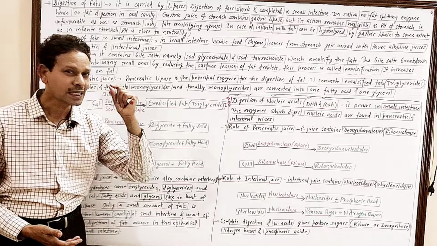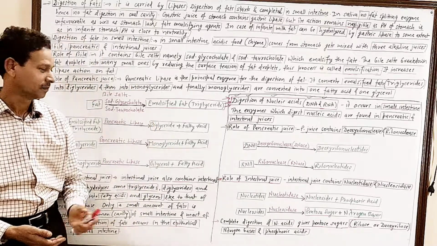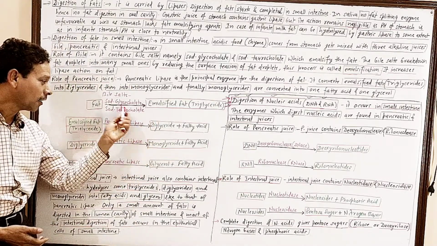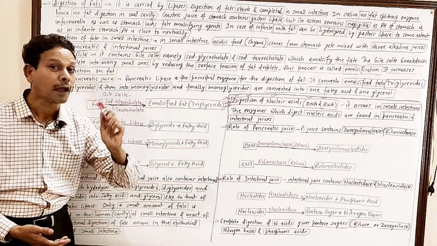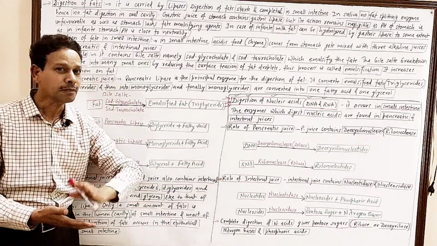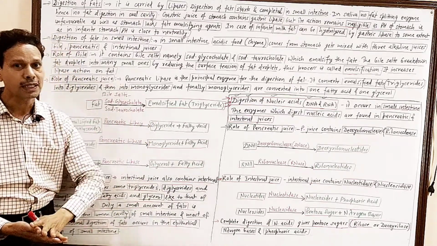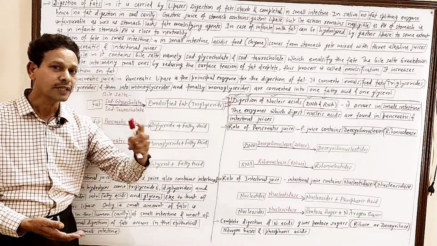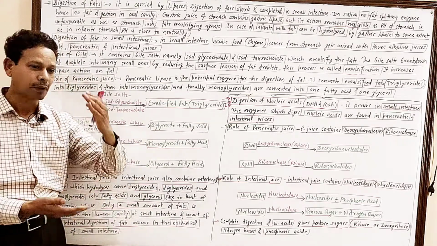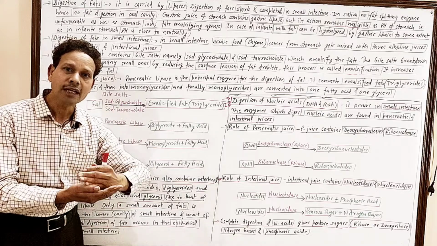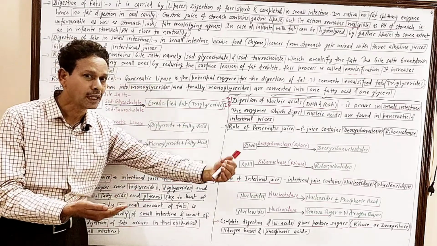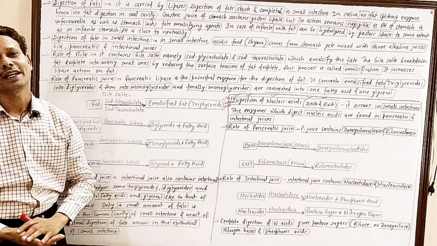And this process is carried out by the principal enzyme. That principal enzyme is pancreatic lipase. And this pancreatic lipase always acts in three steps. Step number first, triglyceride is converted into diglyceride plus one fatty acid.